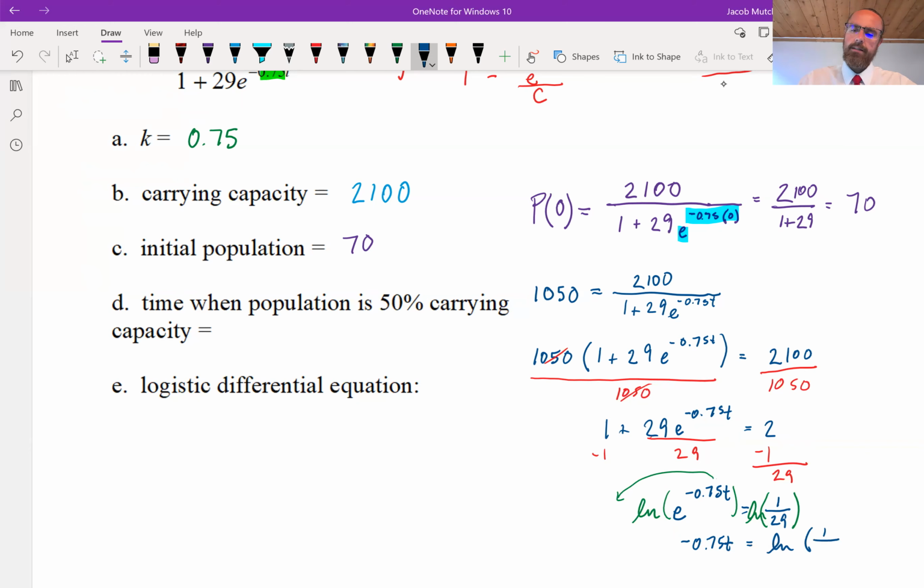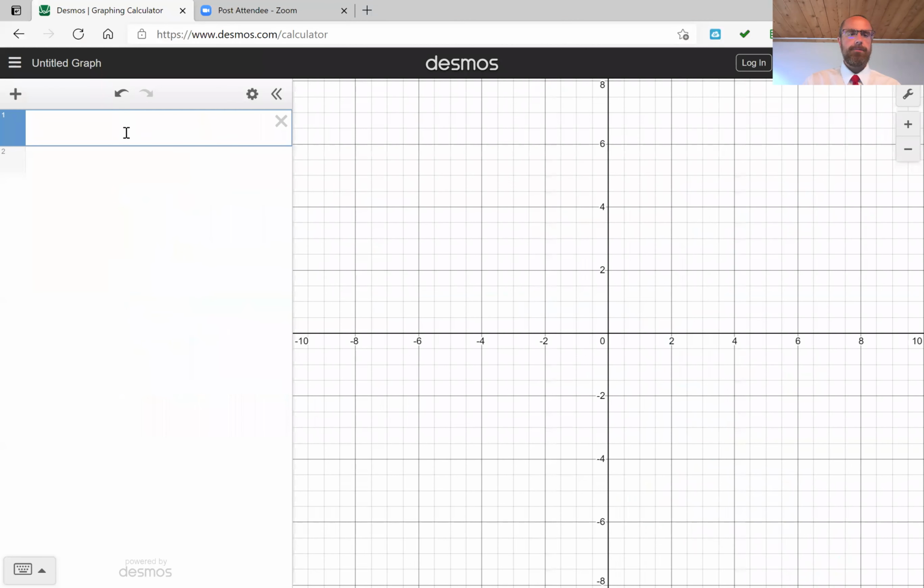And then to finalize the solution for this part D, I would just divide by the coefficient negative 3/4. That expression there, natural log of 1 over 29 divided by negative 3/4, is where my answer is. So I'm just going to take it to the calculator to get a decimal approximation.